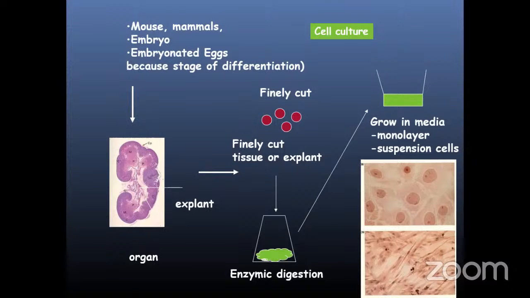Once the complete plate is filled as a single layer, there will be no outgrowth, because there is contact inhibition. That means once two cells come in contact with each other, there will be inhibition of the growth, right? So once a single layer is formed, 100% covered, then the cells start dying. If you don't remove the cells, they will die.